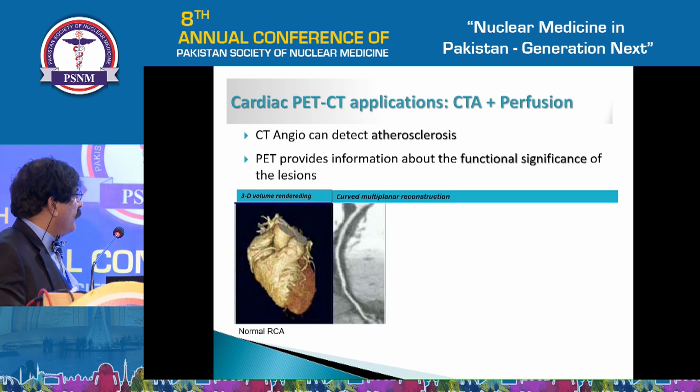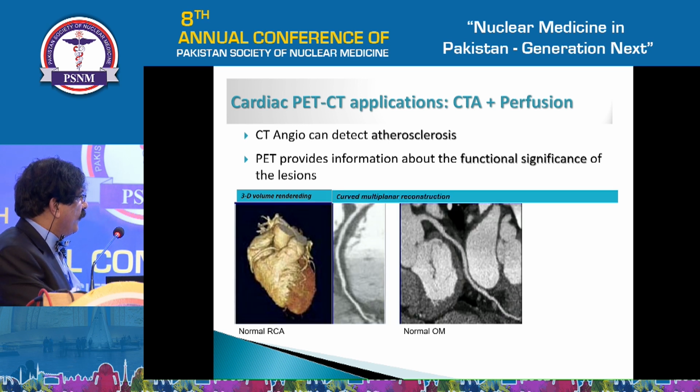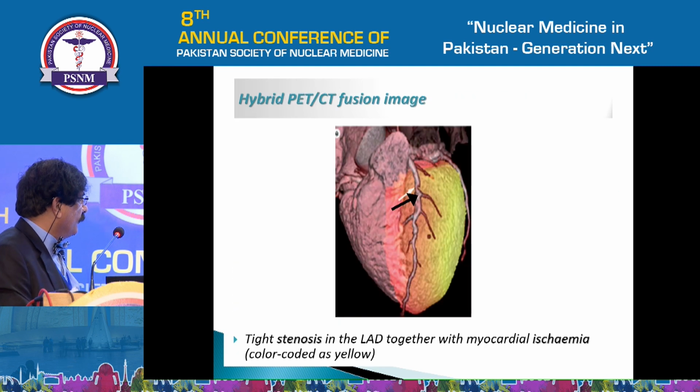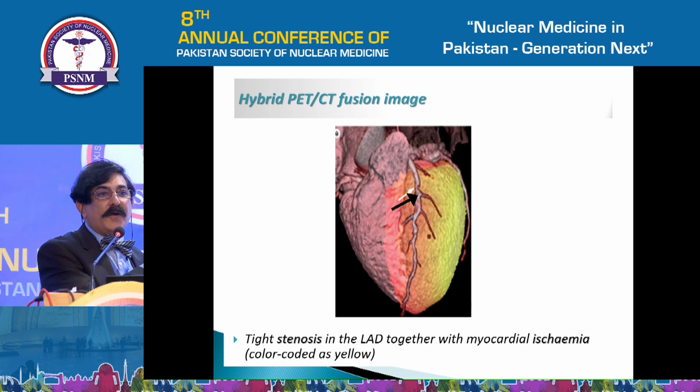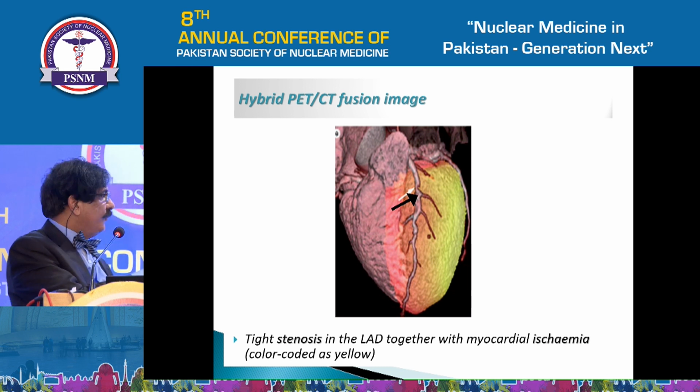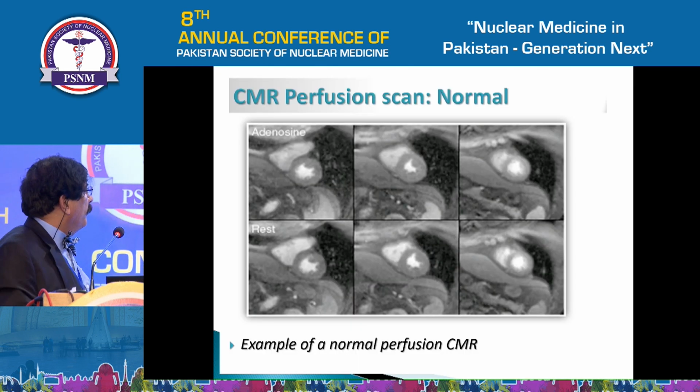And now you see a normal RCA here, and we can reconstruct it various ways. And here is a very tight stenosis, which you can see with the arrow in the LAD, and the effect of that stenosis on the myocardial perfusion, which you can see on that hybrid image.